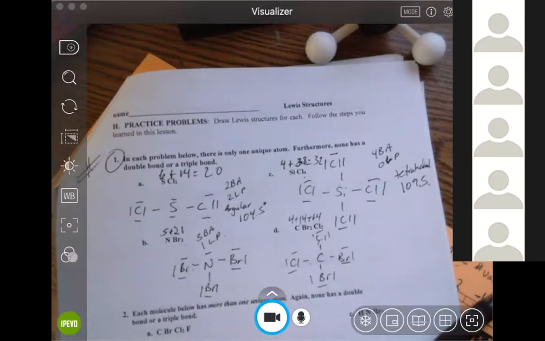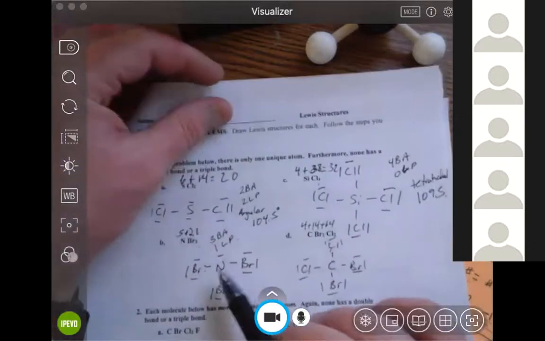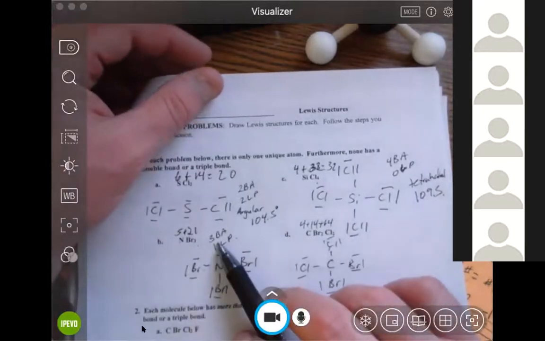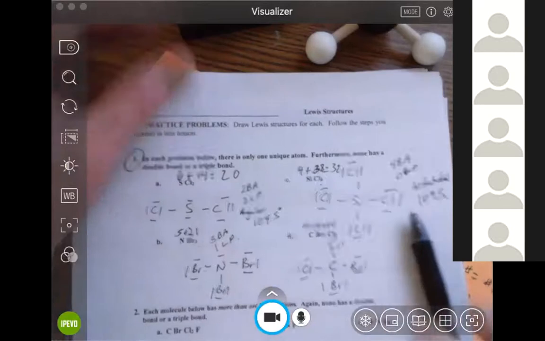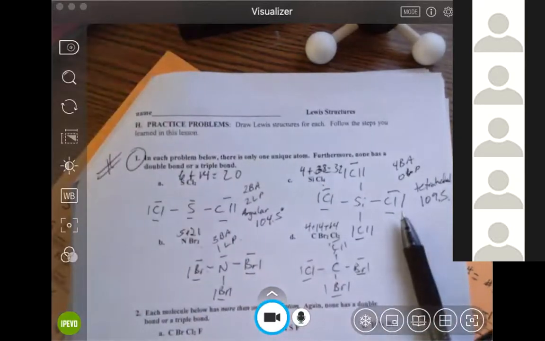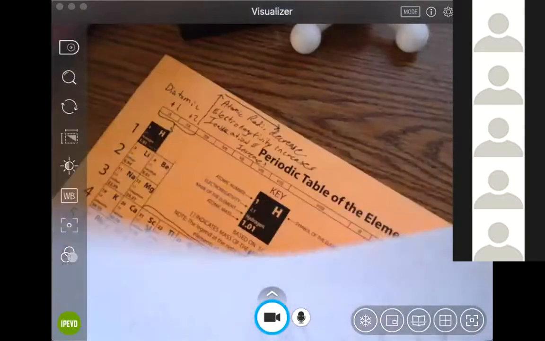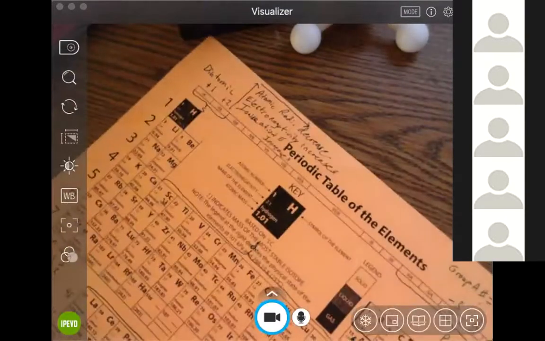What is the problem? We are trying to find out the shape of something that has 3 bonded atoms and 1 lone pair. Well, we only have so many right now. We only have down to here, so it won't be seesaw.